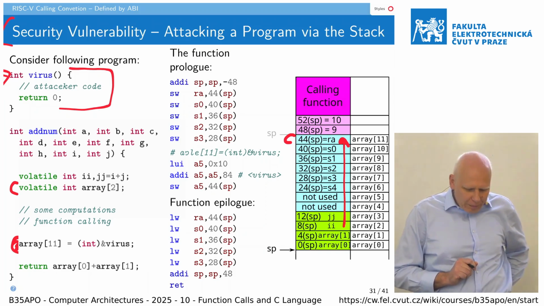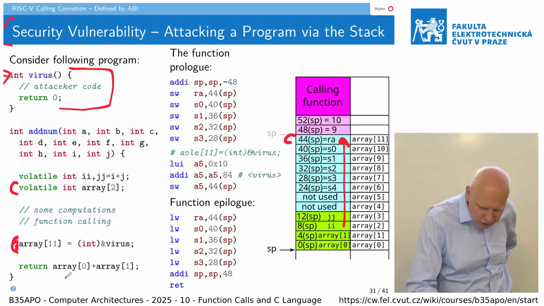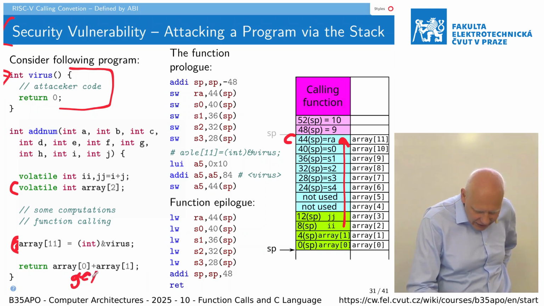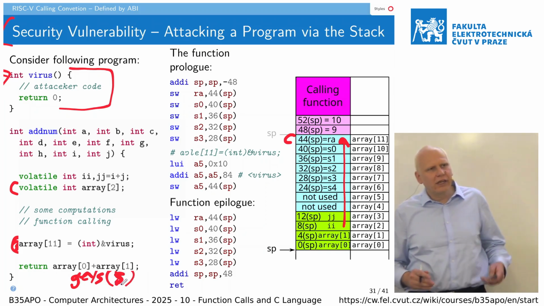And for example, a very nice way how to do it in C is if you call the C function gets, because it has a pointer to some string, but doesn't check the limits of it.